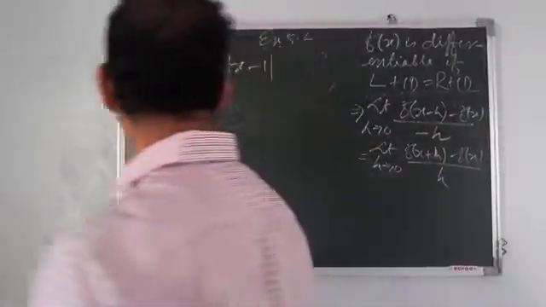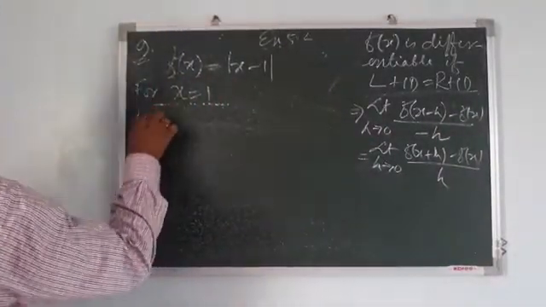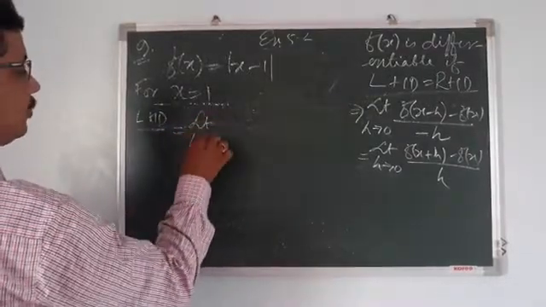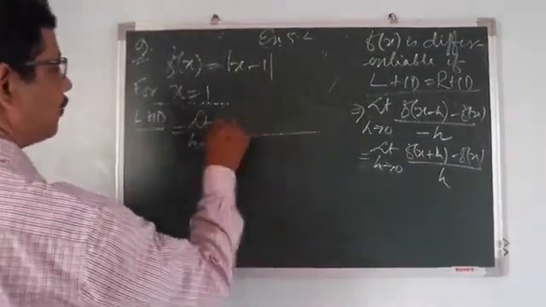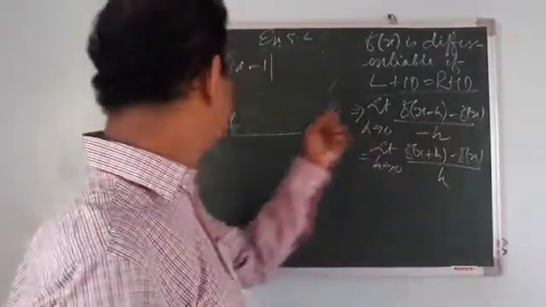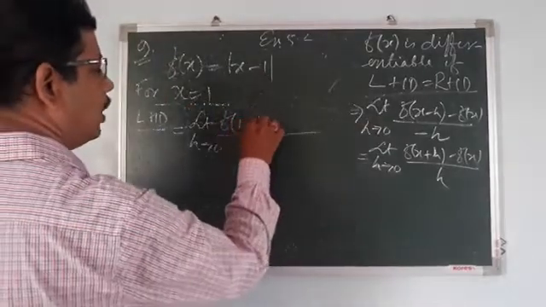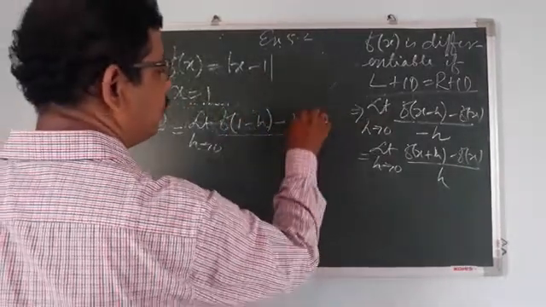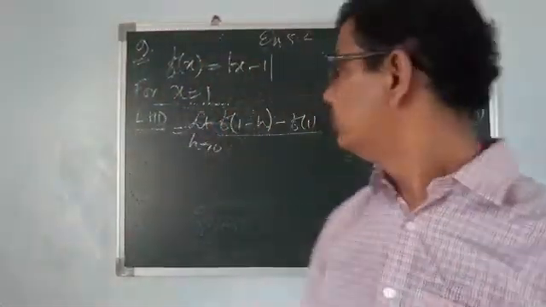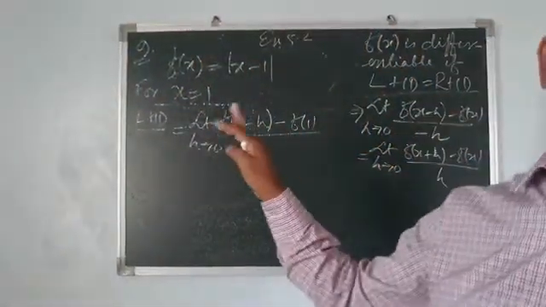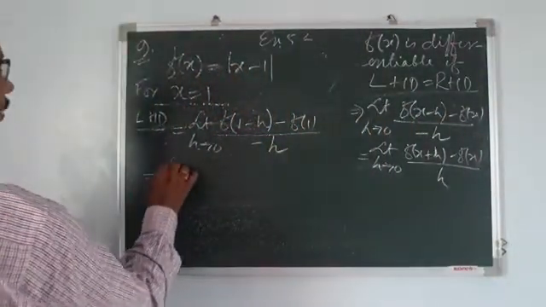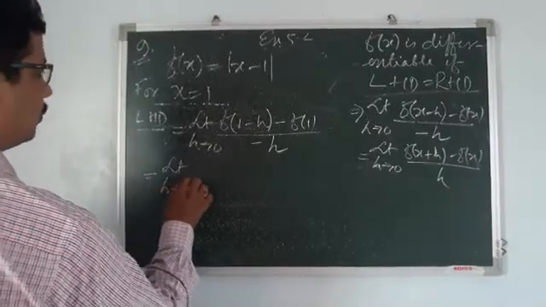But here x is equal to 1. So what will be the LHD? LHD will be equal to limit h tends to 0, f(1 minus h) minus f(1) by minus h, as x is replaced by 1.